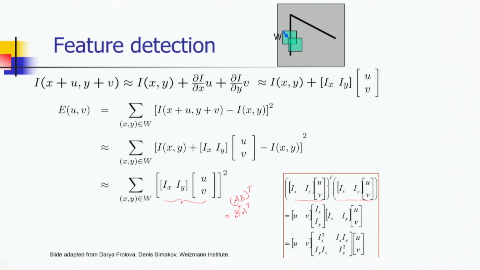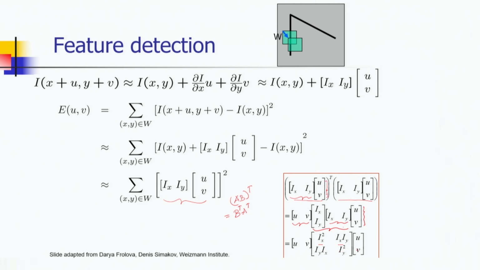So, this column vector uv, after transposition, becomes a row vector uv, and this Ix, Iy, which was a row vector, becomes a column vector, and this becomes a row vector, and this was already a row. Finally, since matrix multiplication is associative, we perform the multiplication of these two quantities, which will give us these terms.